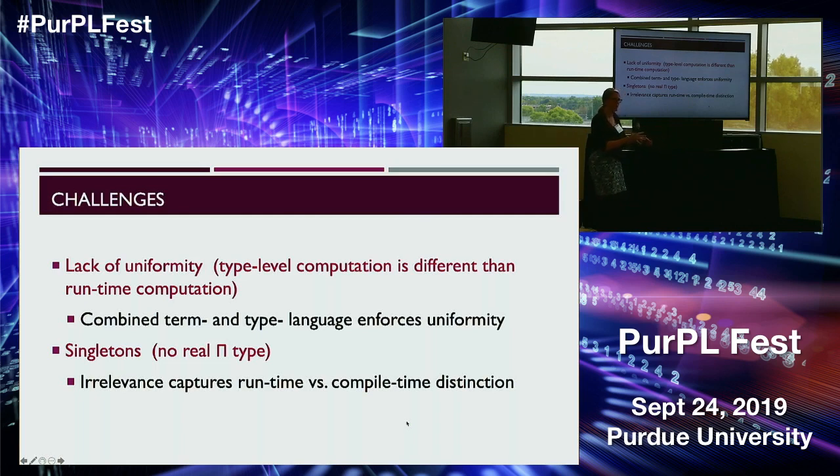If I share them, they're more likely to keep the same semantics. And then singletons, well, this is introducing a pi type into the term language. So that means we're not going to have to fake up our pi types, but at the same time, we're still going to have that erasure ability by having these irrelevant arguments.